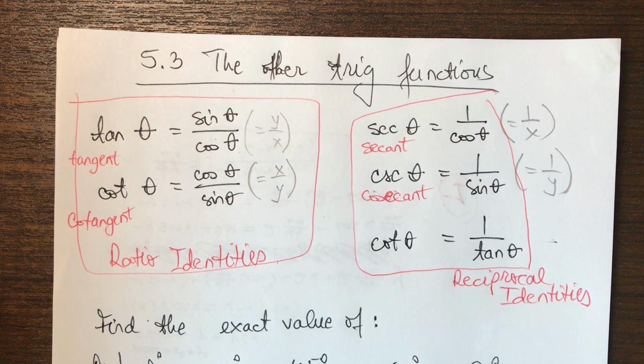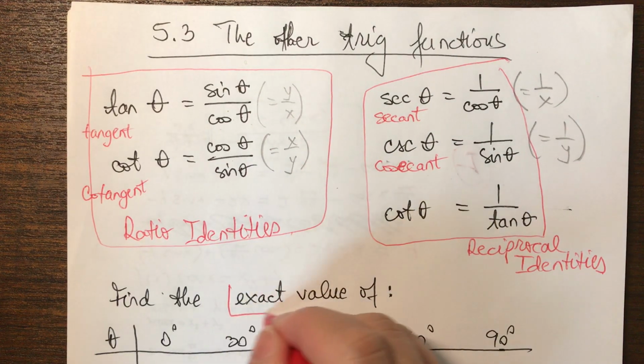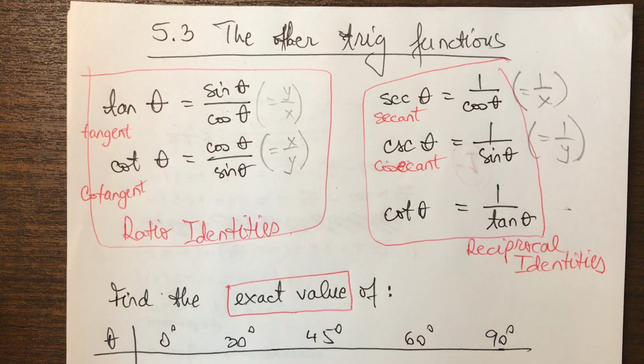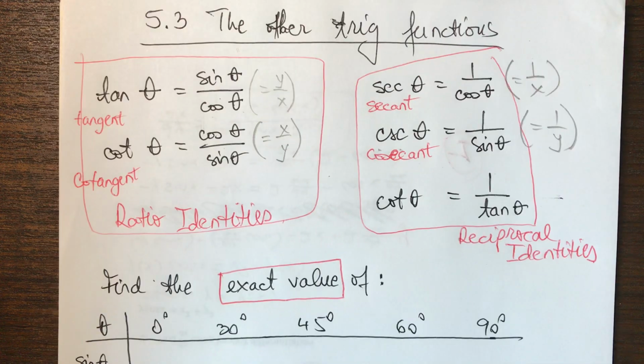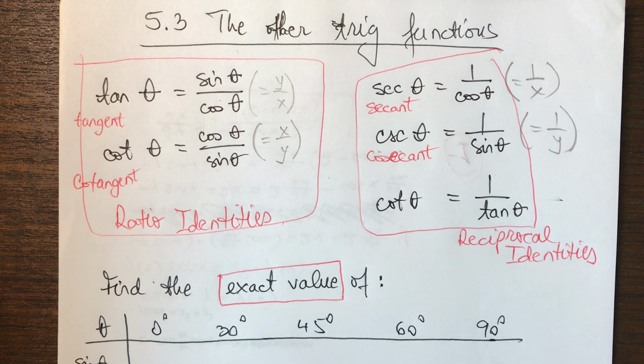Good. Before we play with these formulas, the first application I'd like to go through, the most important one, is finding the exact values of certain angles. I might be asking you to find secant of 45 degrees, right?